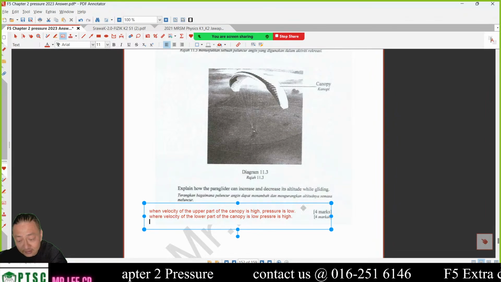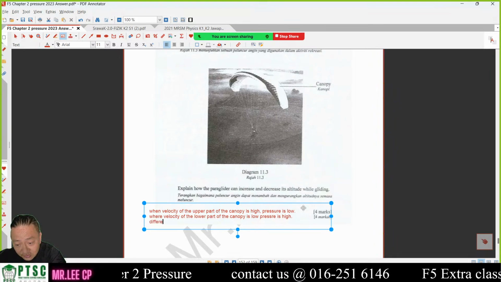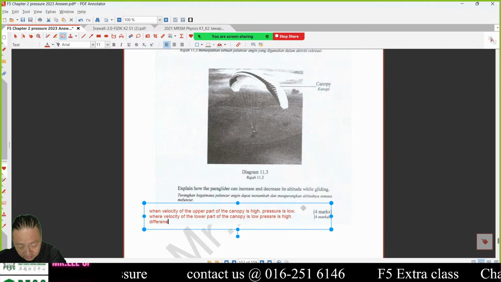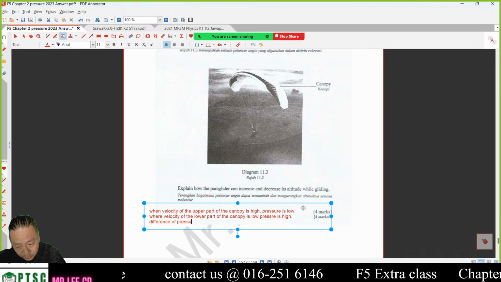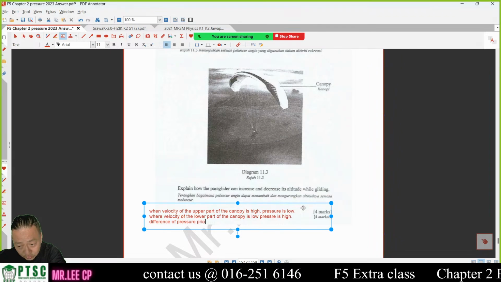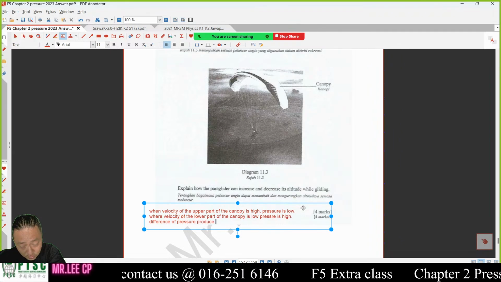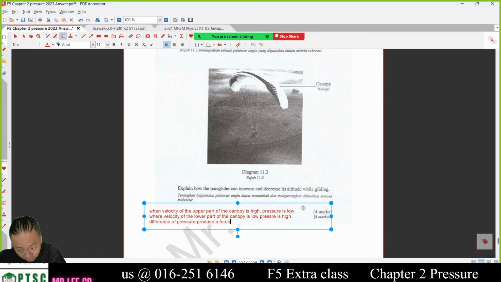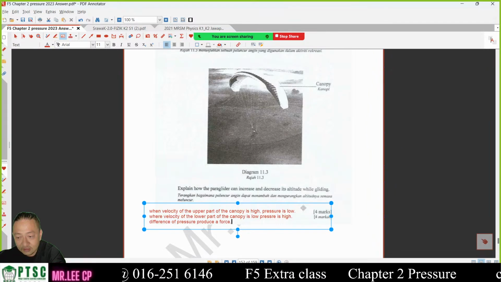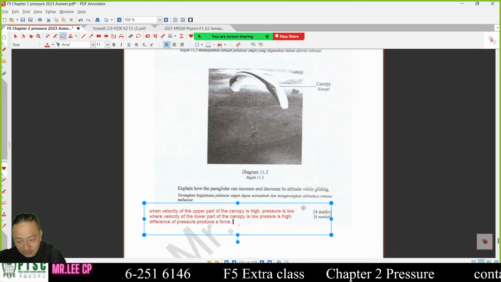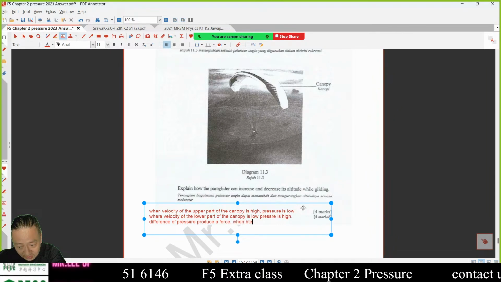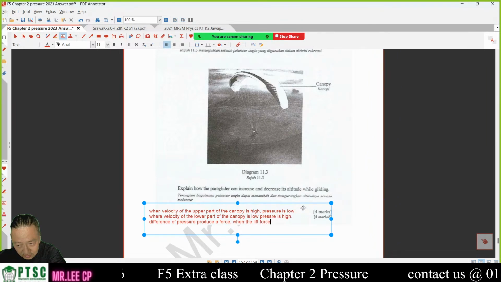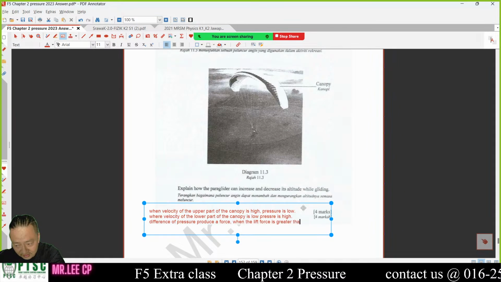The difference of pressure produces a force when the lift force is greater than the weight.